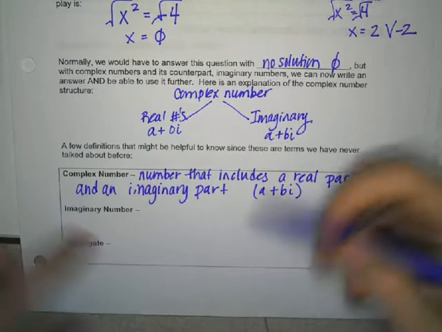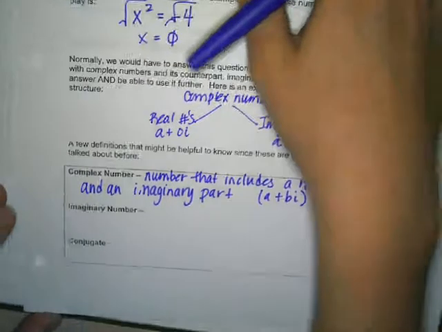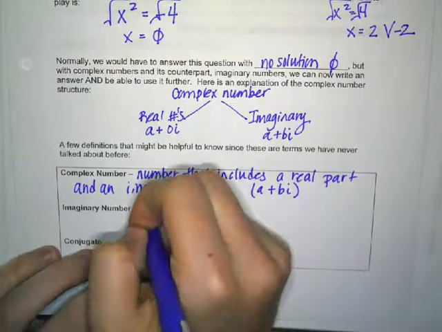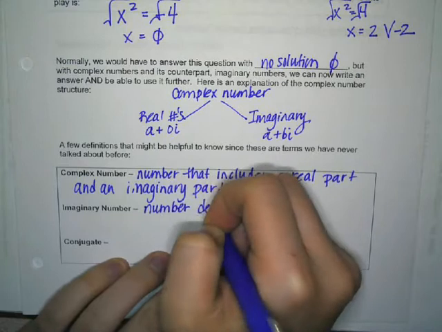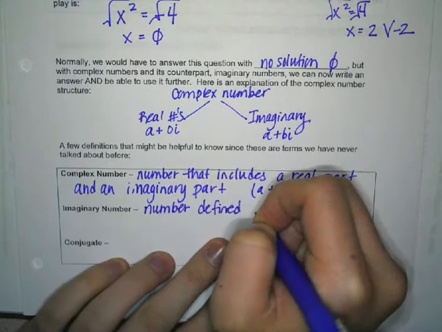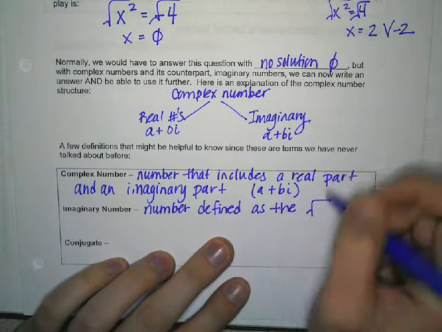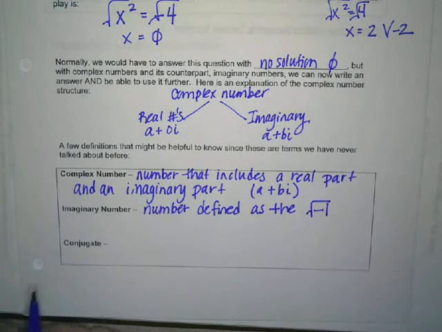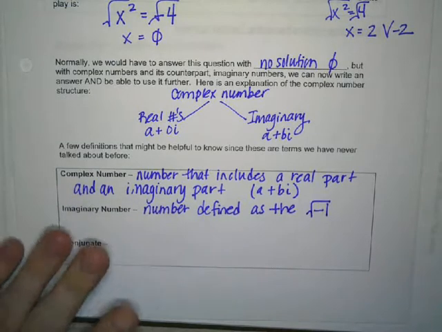An imaginary number is a number defined as the square root of negative 1. And we'll get more into that in a minute.